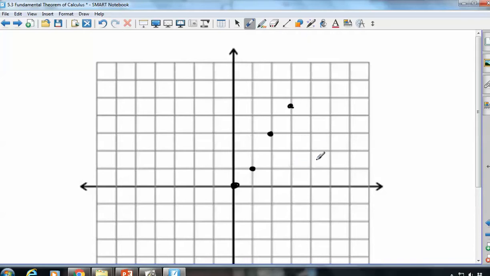We had 4. Back down to 3 and 5, 1.5. Okay, so this is my rough estimate of that integral, the graph of that integral, talking about the area under that particular curve.